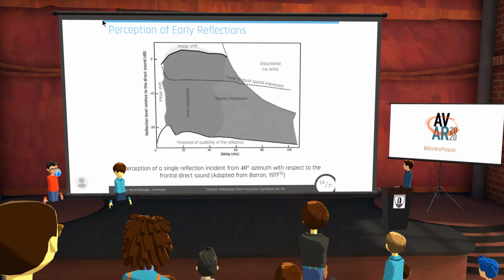And again, this is for a single reflection. So this is not for all the reflections in your room. So when you consider different directions, reflections from the ceiling and the floor, you're going to have a combined effect, which is going to change how the direct path, or the sound which we're listening to for its direct path, is going to be changing within the room.